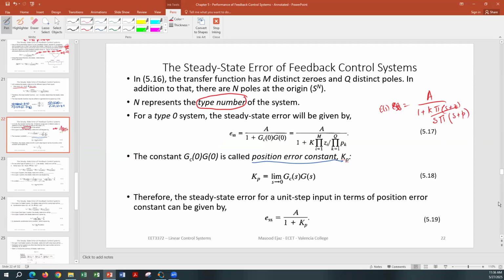So this s over here, s to the power 1, represents a type 1 system.